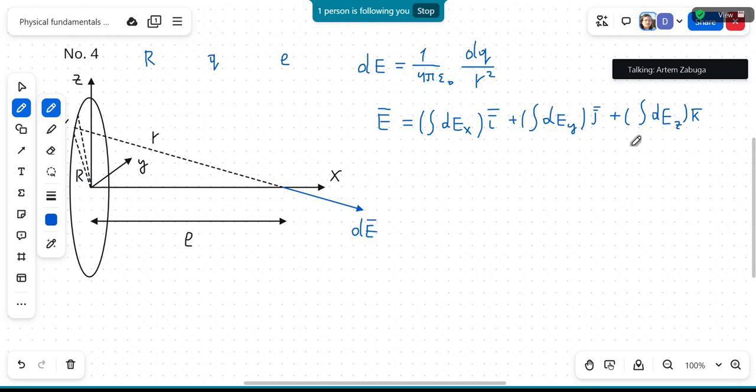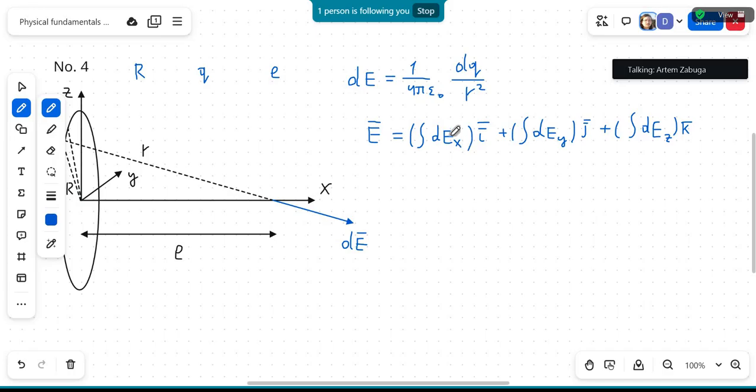Okay, so in general case, it is necessary to calculate these three integrals.